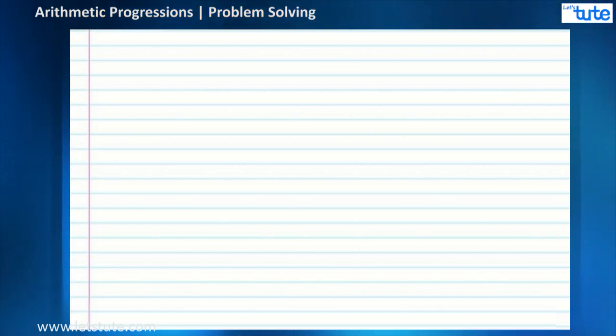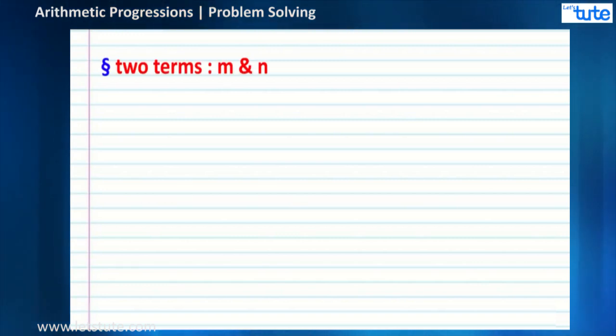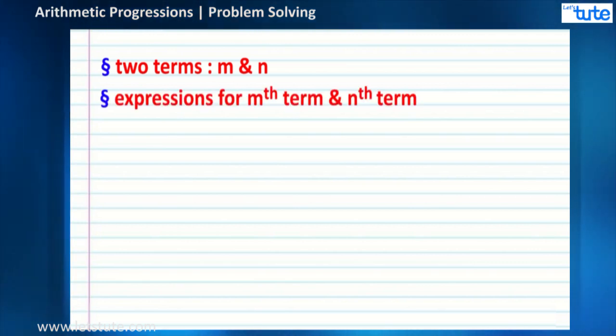Before we crack the clue, we need to have an idea of how we move about. We have been given 2 terms, m and n. So we need to first write down the expression for the mth term and then for the nth term, and then subtract equation 2 from equation 1.